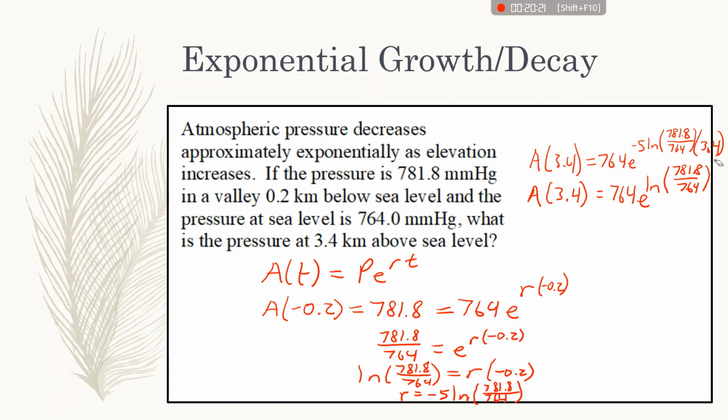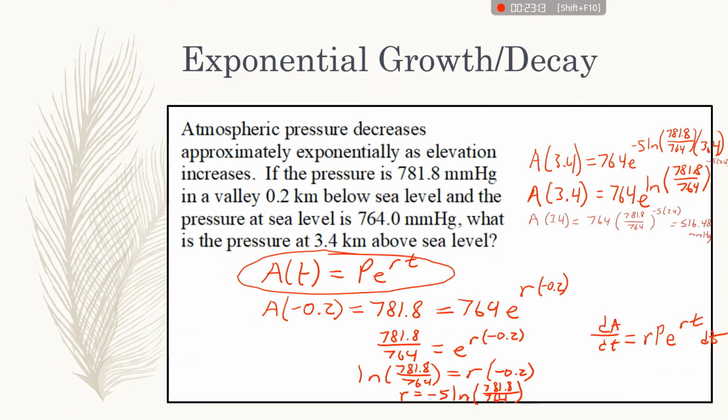Then you could plug in your rate, amount at sea level, your rate, and then where you are right now, and that would tell you how fast the pressure is changing as you pass that point. So as you pass 3.4 kilometers, how fast is the pressure changing?